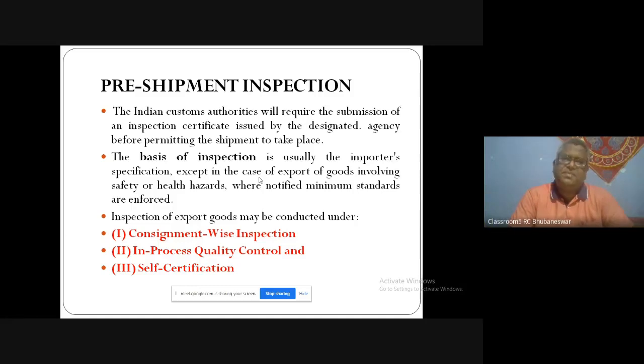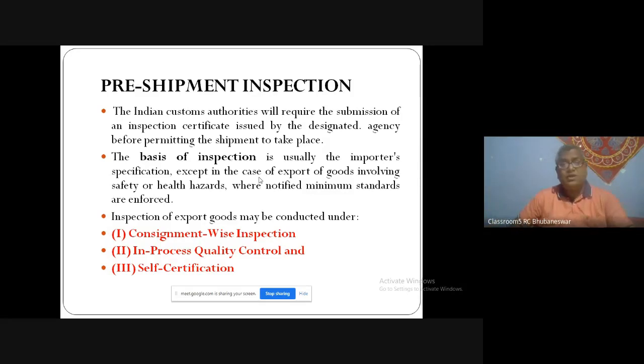Pre-shipment means it can be loaded or is near to being loaded onto the ship, and the goods have to be transported and reach a destination. My dear student, here some pre-shipment requirement is needed, means some inspection is required. That is done only by the customs authorities. Customs authorities can issue an inspection certificate.